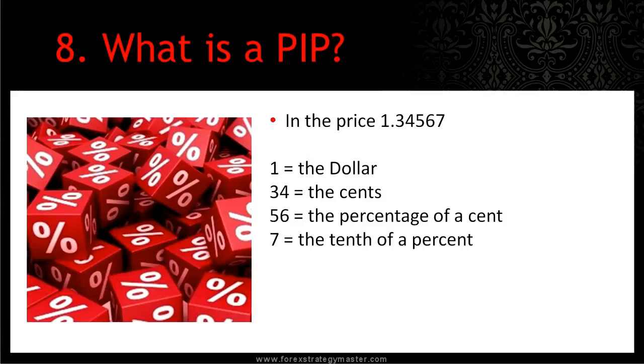In the price 1.34567, remember that 1 euro is buying 1.34567 United States dollars. The 1 is the dollar. The 34 is the cents. The 56 is the percentage of a cent. And the 7 is 1/10 of a percent.